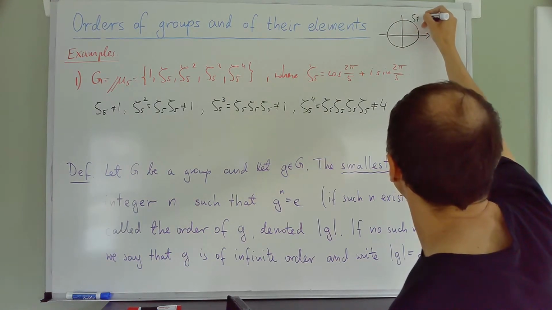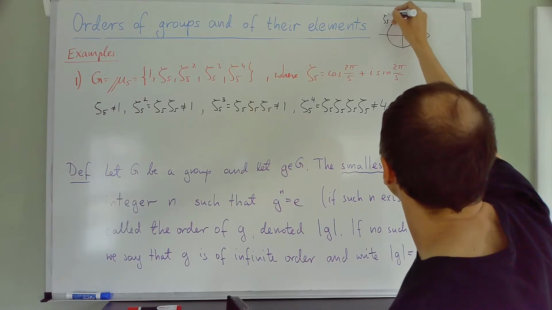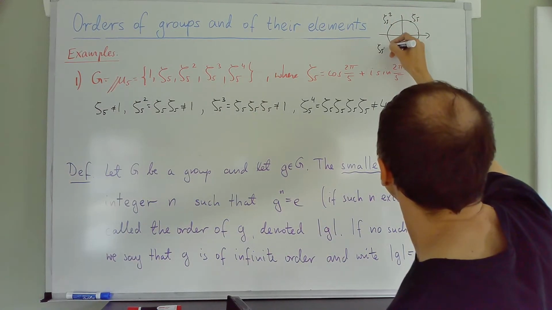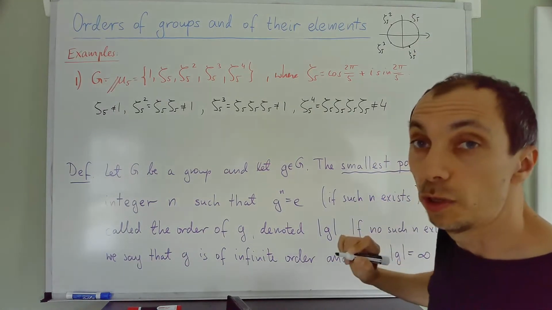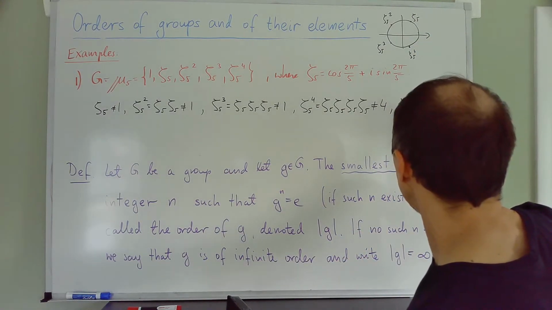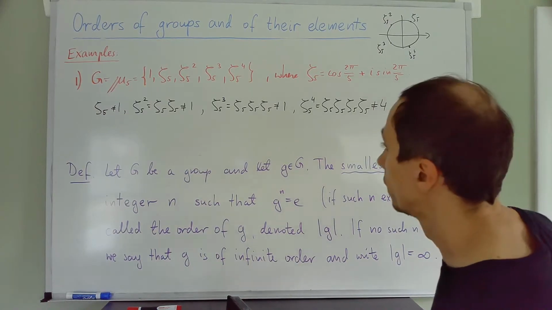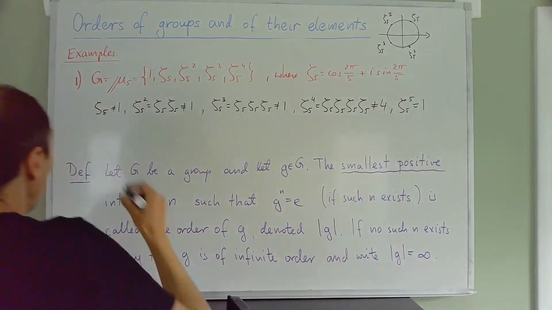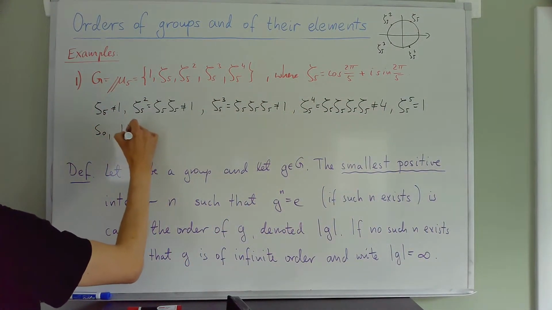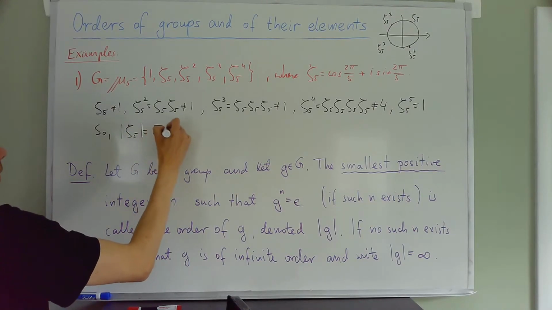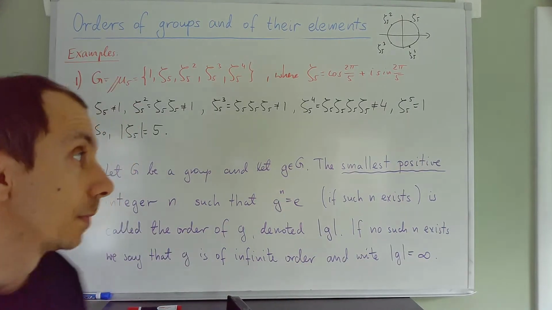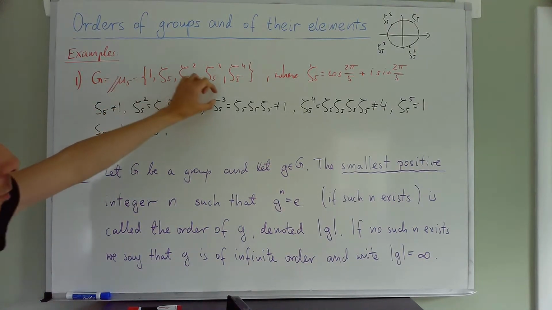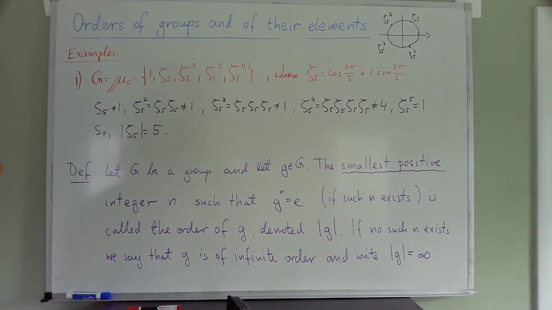This is zeta 5 squared, zeta 5 cubed, zeta 5 to the 4th. None of them is 1. But zeta 5 to the 5 is 1. So the order of zeta 5 is 5. The smallest positive power that gave me 1 was 5.